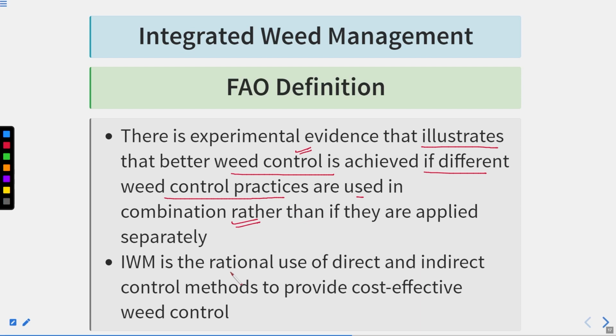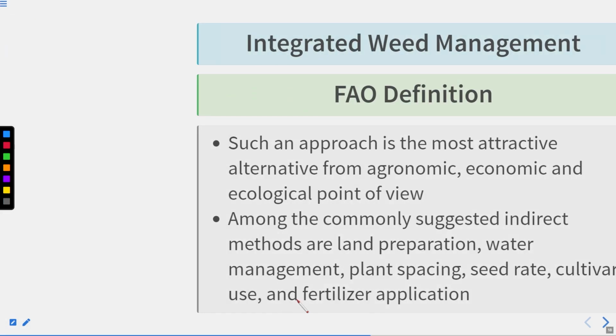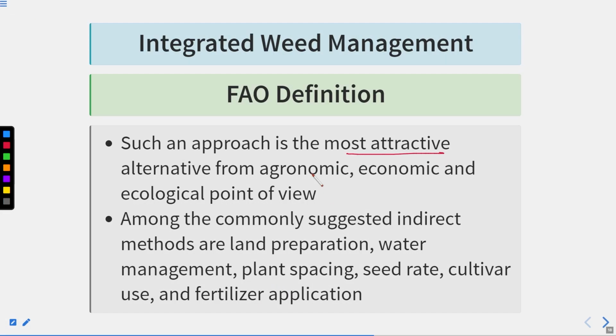So IWM is the rational use of direct and indirect control methods to provide cost-effective weed control. Such an approach is the most attractive alternative from an agronomic, economic and ecological point of view. We have already covered this: among the commonly suggested indirect methods are land preparation, water management, plant spacing, seed rate, cultivar use and fertilizer applications.